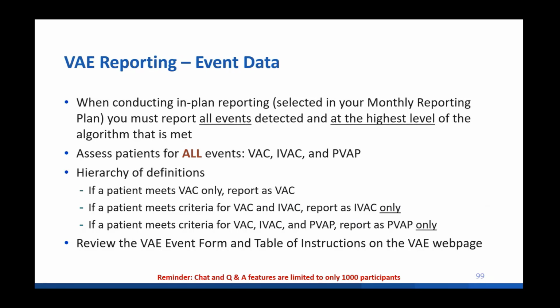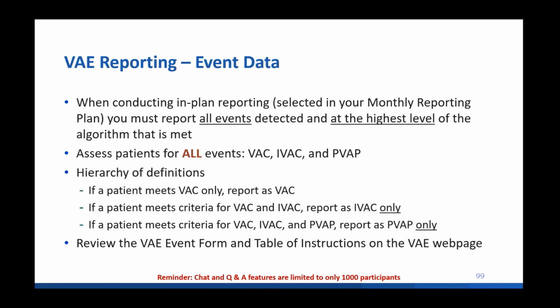When reporting VAEs in plan, meaning the VAE is selected in your facility's monthly reporting plan, you must report all events detected and at the highest level of the algorithm that is met. Be sure to assess patients for all events in the algorithm, VAC, IVAC, and PVAP. Remember that there is a hierarchy to the algorithm.